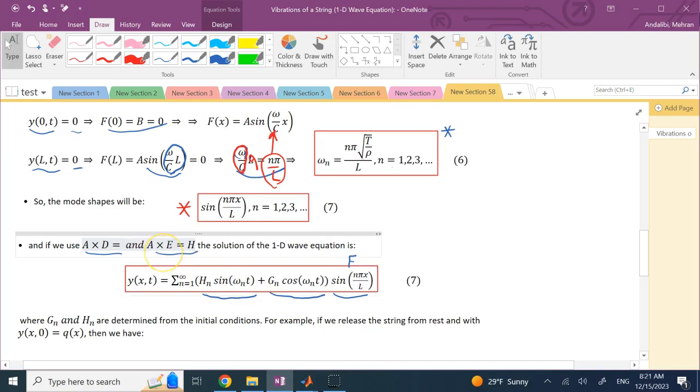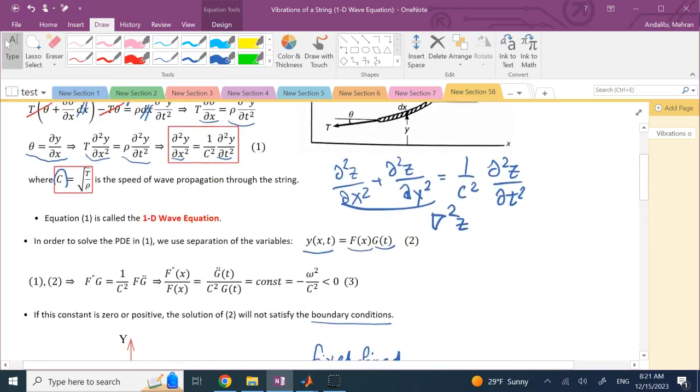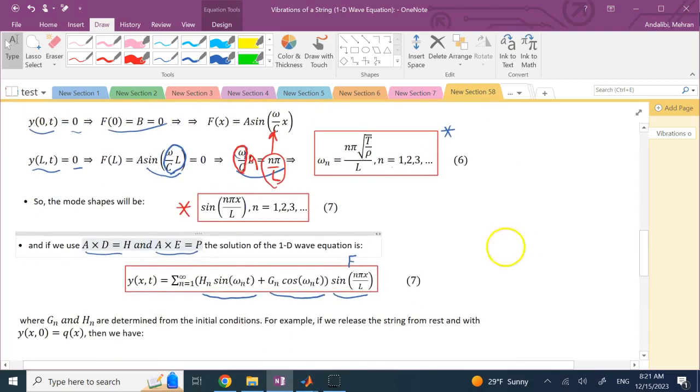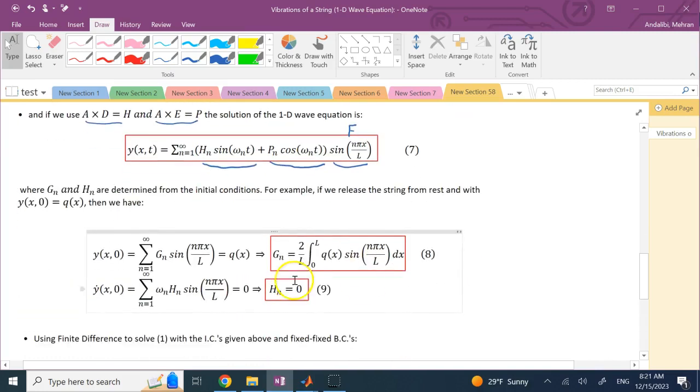So this is h and this is p. Let's make sure our notation is correct before we make any mistake. And yes, we don't have any h or anything, so that stays with h. This one I change it to p if you don't mind. And so our solution is what? An infinite series of all of these terms. Okay, so this is your complete solution, 7.